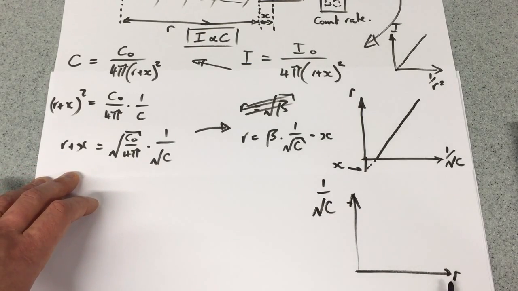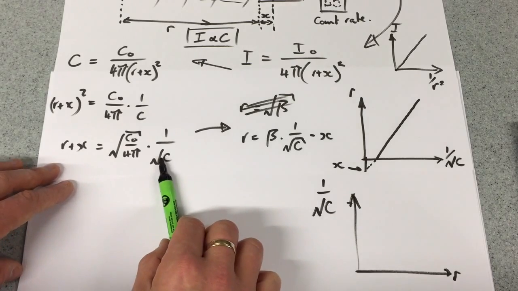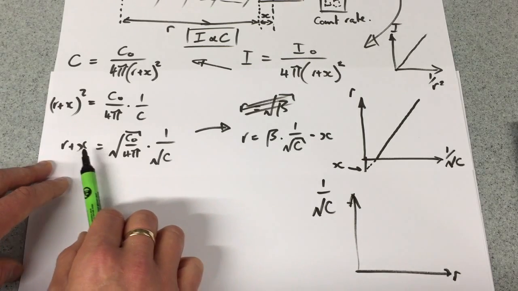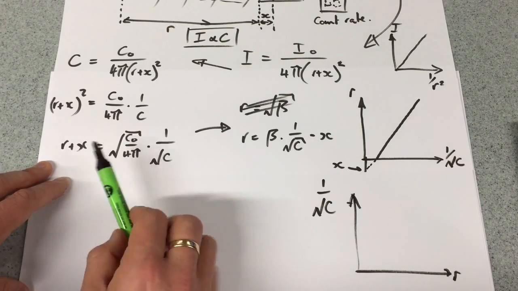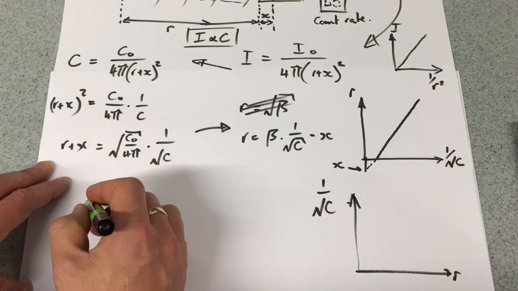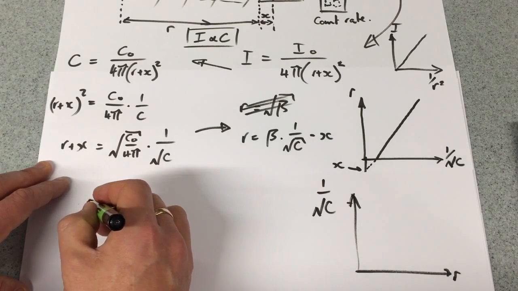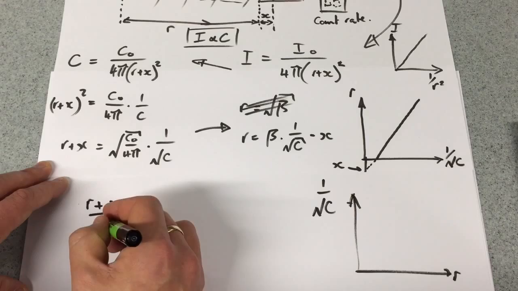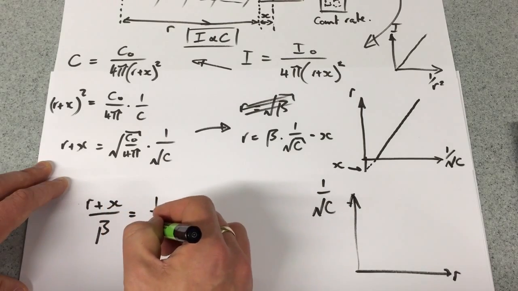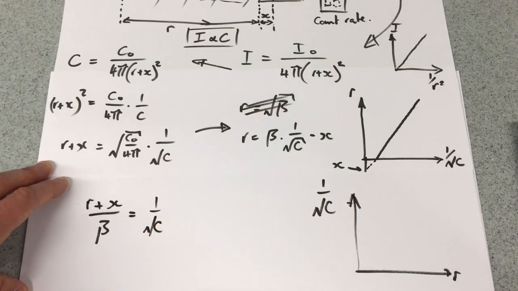You're going to change positions, and this, of course, is your dependent variable, so that's how it ought to be plotted. Better. But that would mean we're going to have to rewrite this equation as r plus x divided by this great big constant is 1 over the root of the count rate.